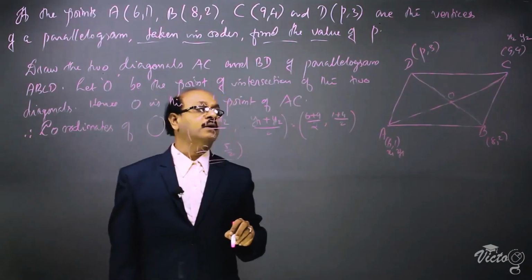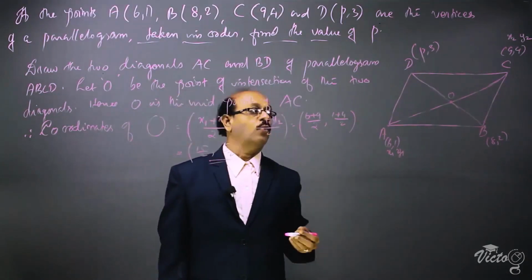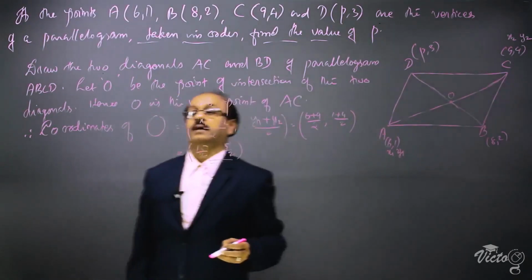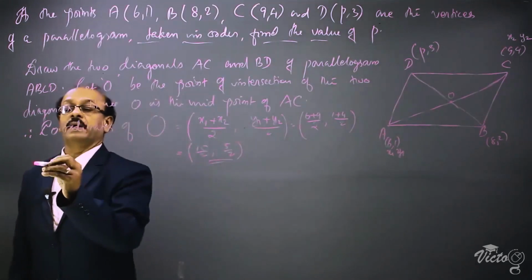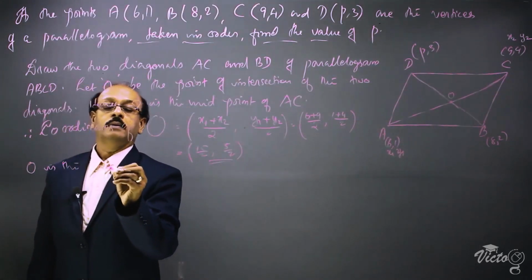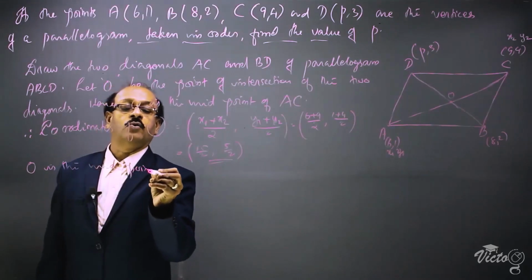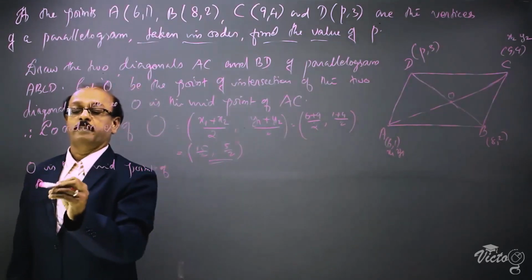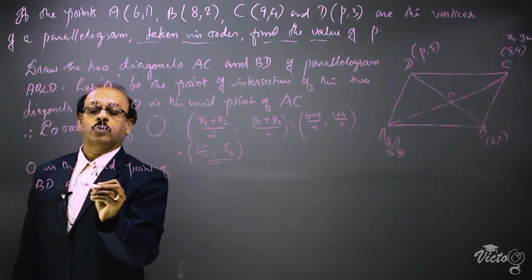Now we find the coordinates of O with respect to the diagonal BD. O is the midpoint of diagonal BD also.